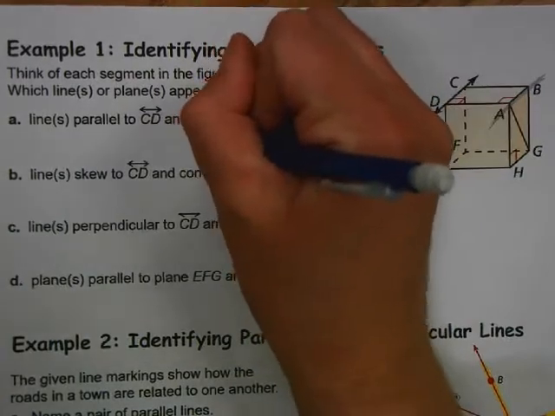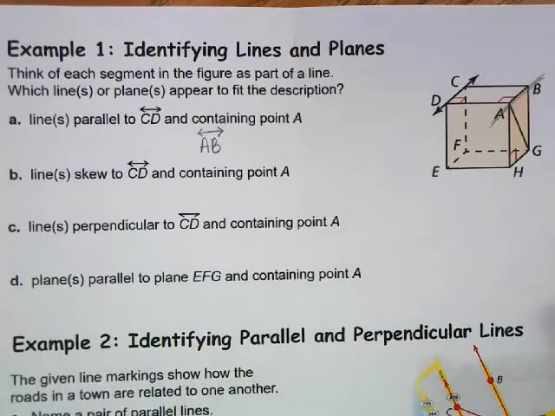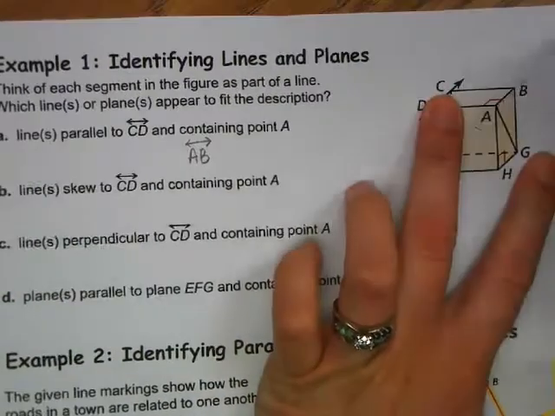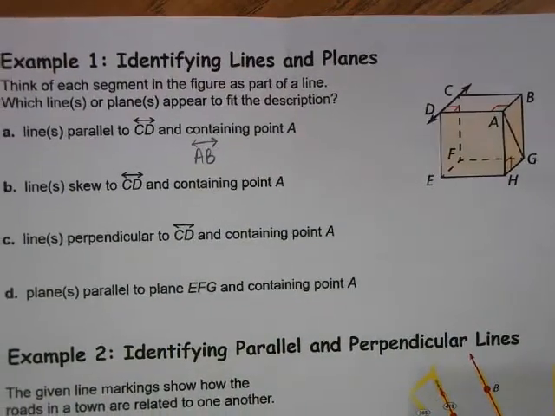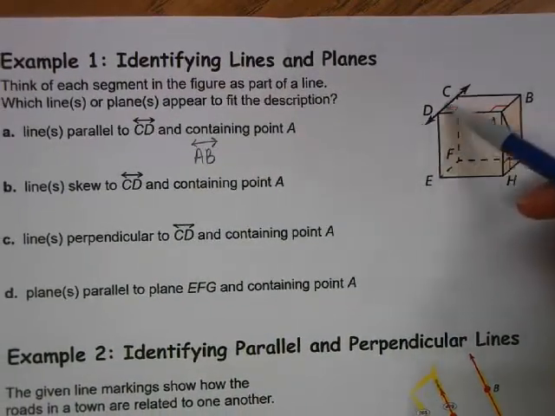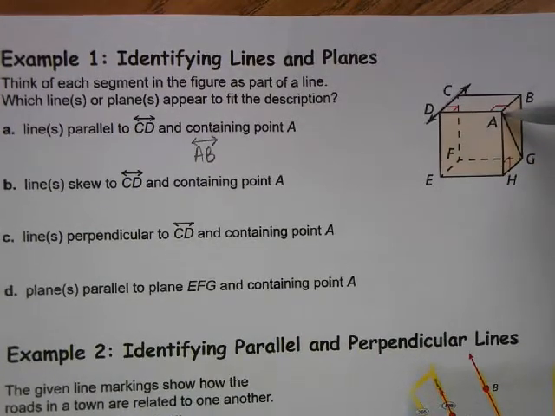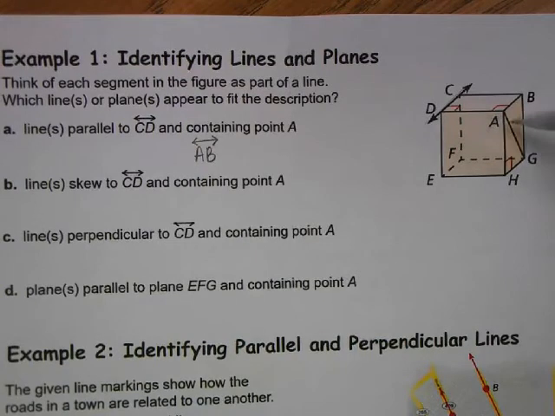And the only line that fits that description is line AB. So you would put capital A, capital B with the line symbol on top. Part B says you need a line skew to CD. And again, it has to contain point A. So remember, skew means non-parallel and non-intersecting.